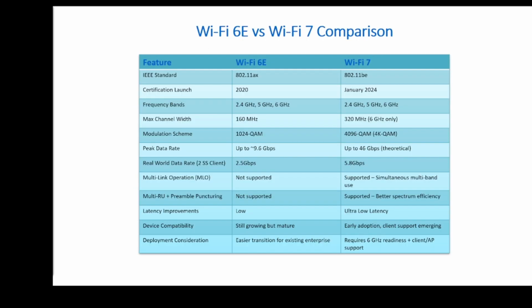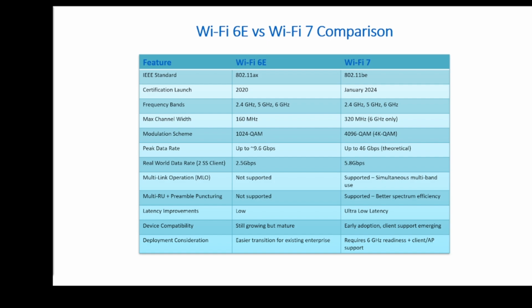Now that we have talked about each of the Wi-Fi technologies, let's walk through a side-by-side comparison of Wi-Fi 6E and Wi-Fi 7. So looking at the table here, we see that both technologies operate across the same three frequency bands, 2.4, 5, and 6 gigahertz. Both have enhancements in max channel widths and modulation schemes. Wi-Fi 6E has a max channel width of 160 megahertz, and Wi-Fi 7 has 320 megahertz on the 6 gigahertz band.